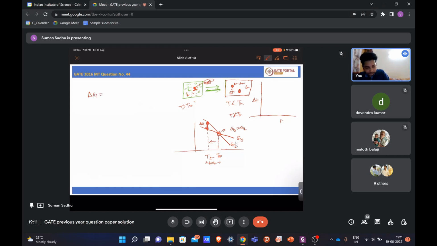So for this we can write that delta G for nucleation is delta G_V into 4/3 pi r cube, where r is the radius of that nucleus, plus gamma_s, that is the surface energy between the solid and the liquid, multiplied by the surface area term.